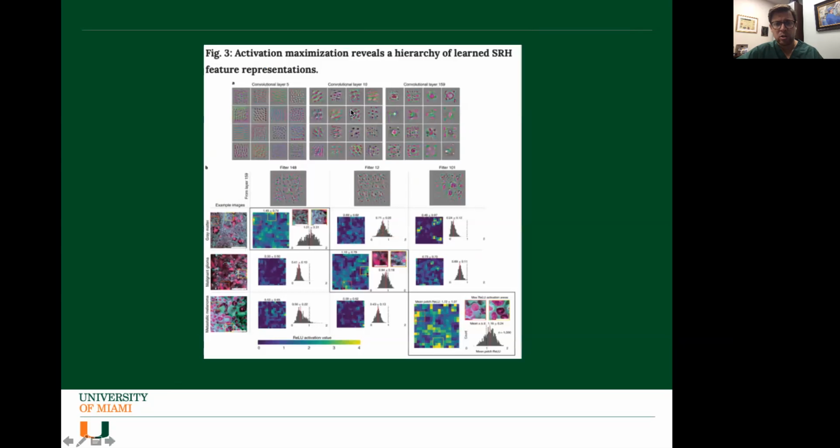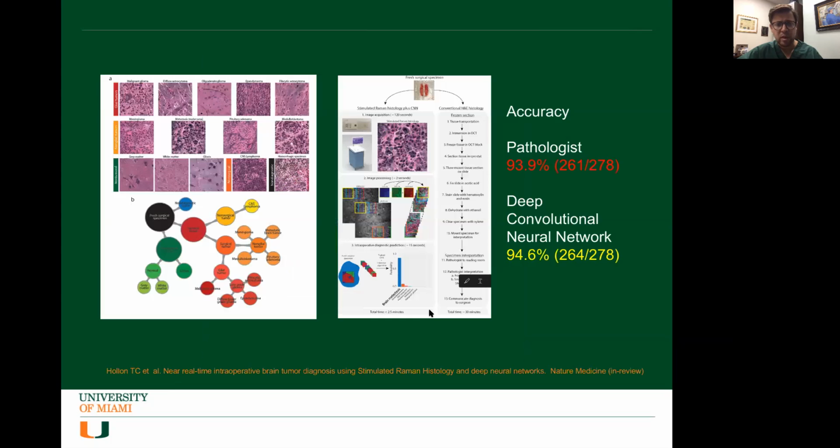So how does it do that? Well, it looks at basically the patterns, and it looks at the hierarchy of the patterns within each slide, identifying the colors, the contrast, and overall shape of the patterns within it, and then labels them with each tumor type. And then as you look and learn more and more, it could actually help make the diagnosis. The outcome, well, the pathologist accuracy on frozen in this study was 94%.